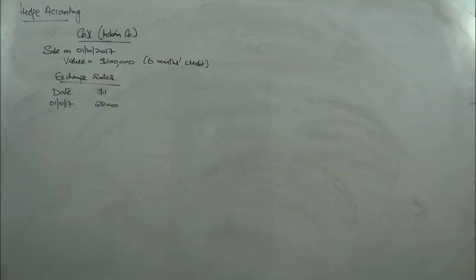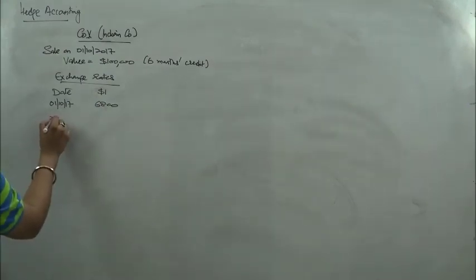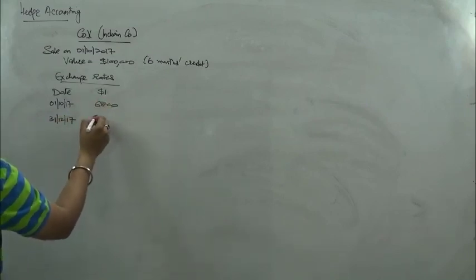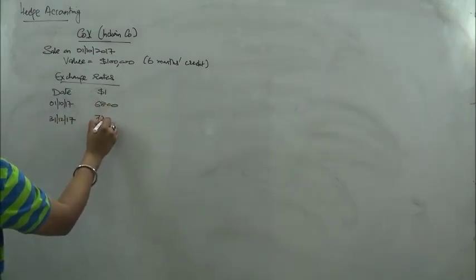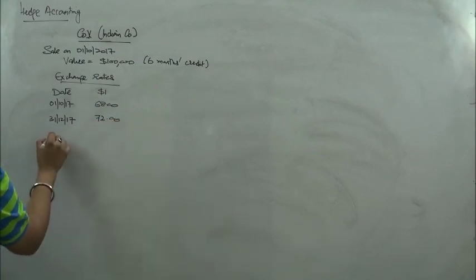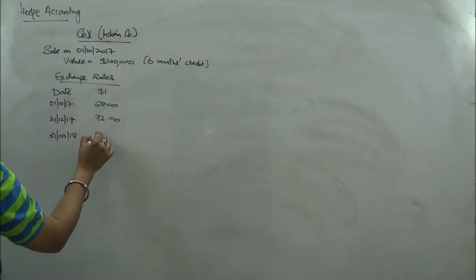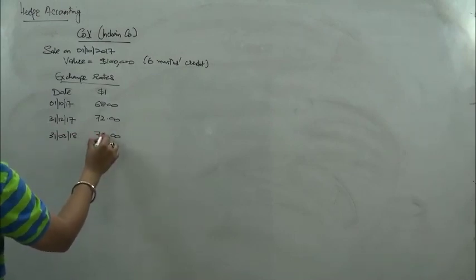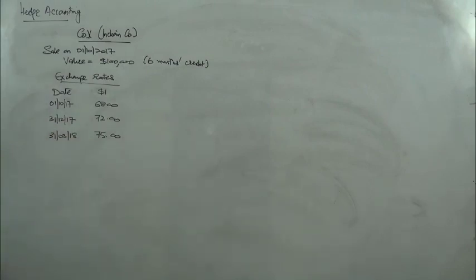On the first reporting date, let's say 31st of December 17, my dollar now goes to maybe 72, and on the date of realization it goes to, let's say, 75.